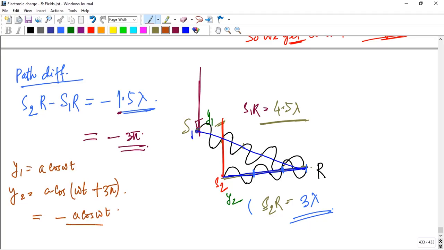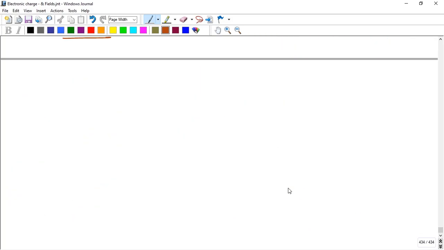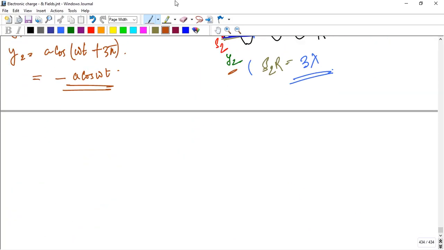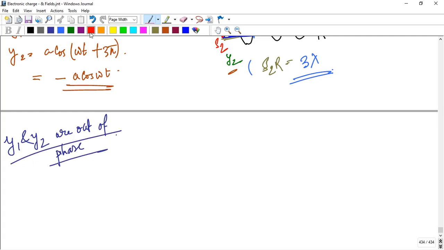There is a minus. So obviously these two waves y1 and y2 are out of phase, not in phase here.